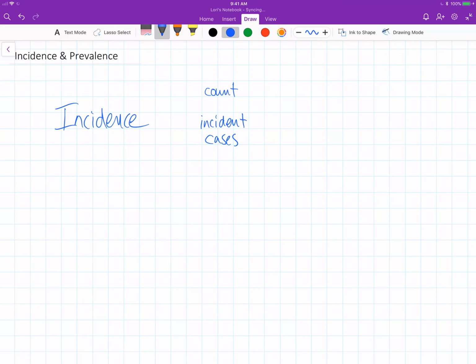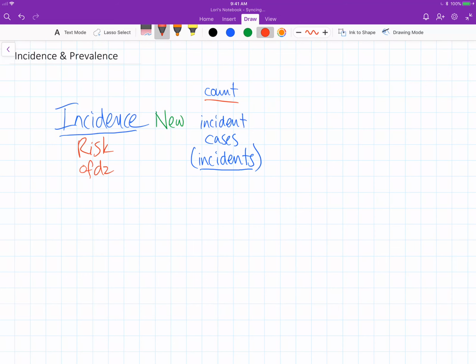So it could also be called incidents. You can see the confusion between incidents and incidents, because they really are pronounced exactly the same. But the take-home message is that incidence really has to do with new cases. It sometimes is called risk of disease.